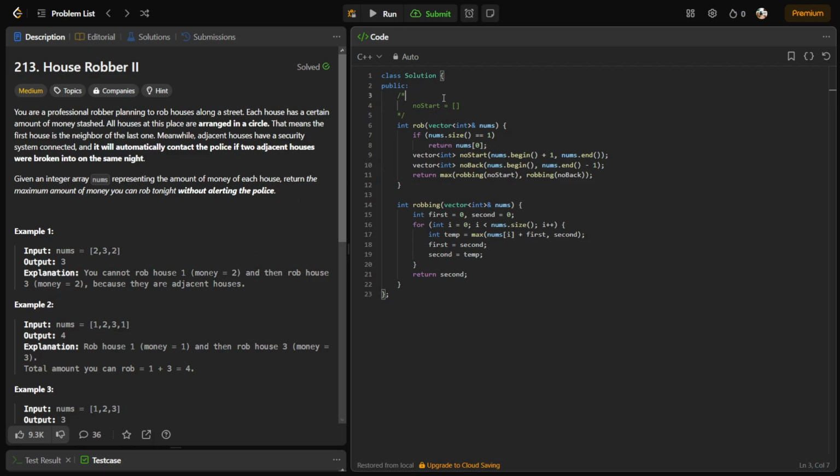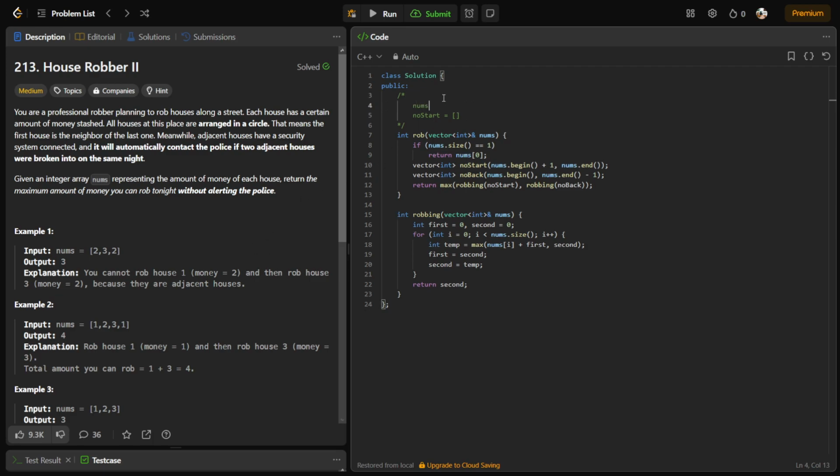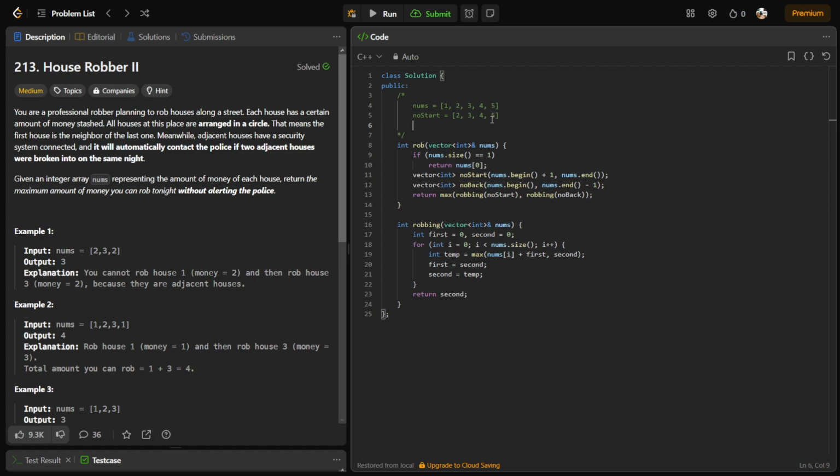For example, if nums were 1, 2, 3, 4, 5, no start will consist of 2, 3, 4, 5, and no back will consist of 1, 2, 3, and 4, right?